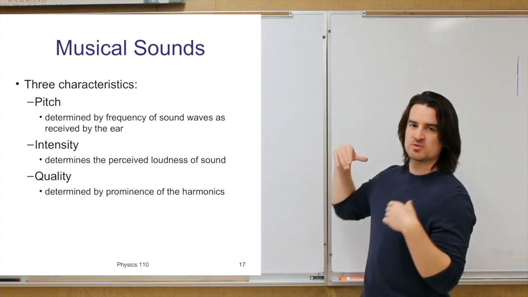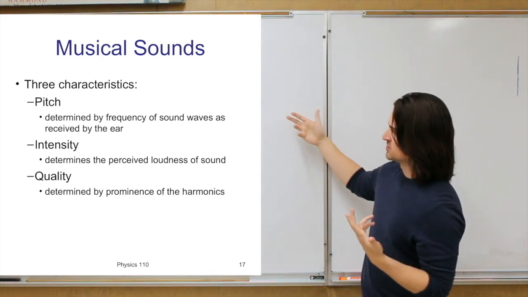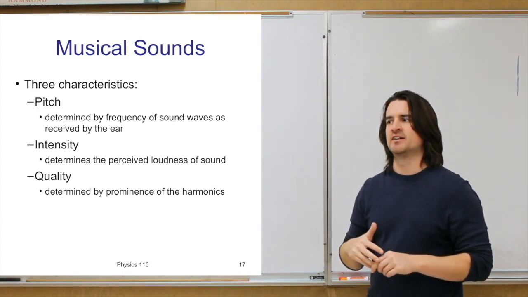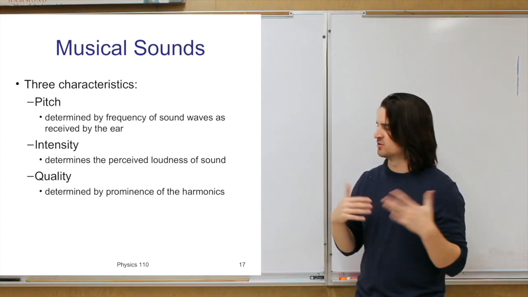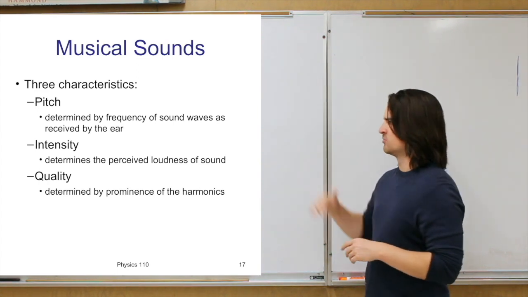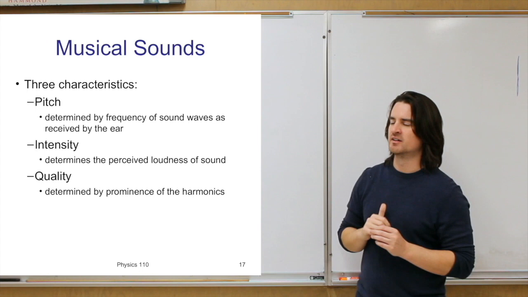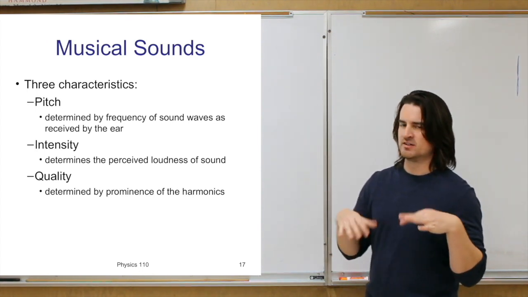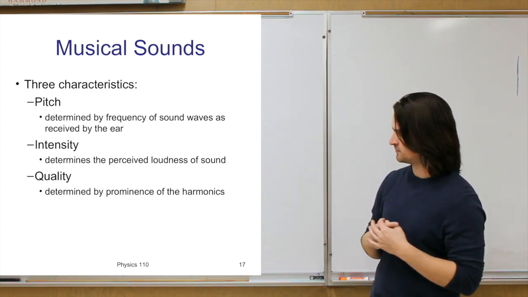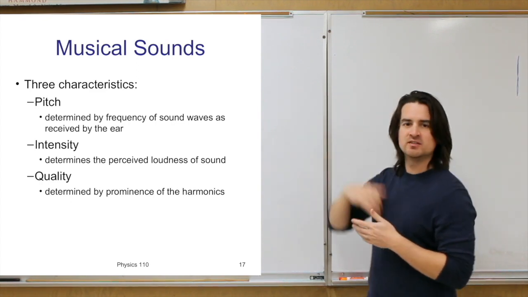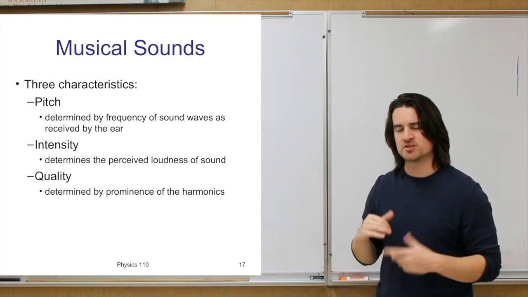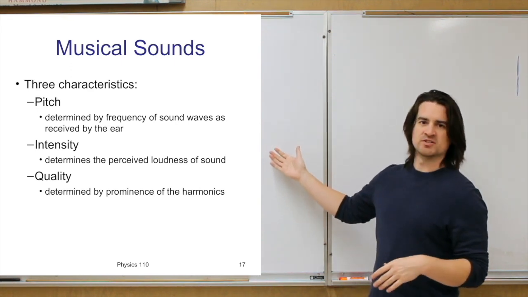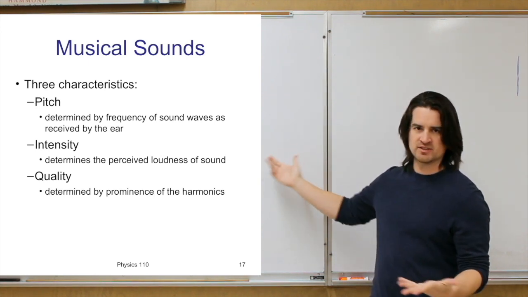In terms of the wave, the pitch is determined by the frequency of that sound wave, the pitch of a musical note. We'll get into complications on that, but essentially the fundamental frequency of that note is what determines its pitch. Another characteristic is intensity, which we've already talked about in terms of sound in general, and it's a measure of how loud a sound is.